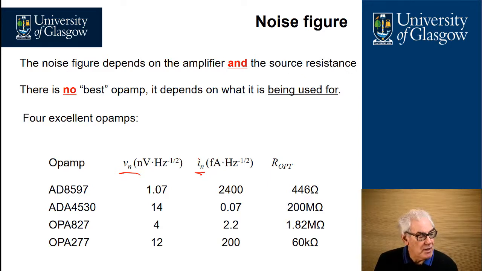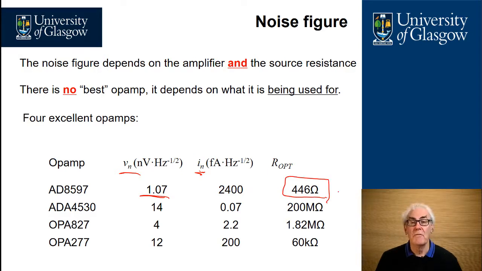So in the first one, dividing the noise voltage, which is 1 nanovolt per root hertz, by the noise current, we land up with an optimum source resistance here of 446. That amplifier has a bipolar input stage, and so the noise current is relatively high. Whereas if we look at perhaps the OPA827, it has a much lower noise current.